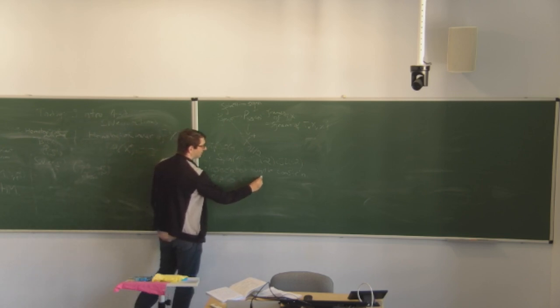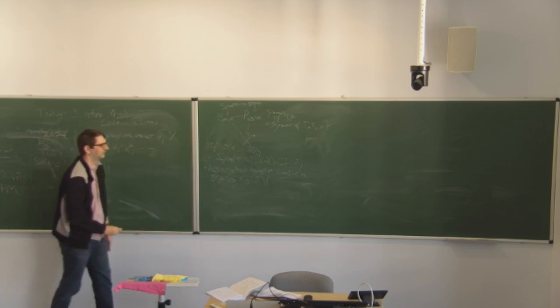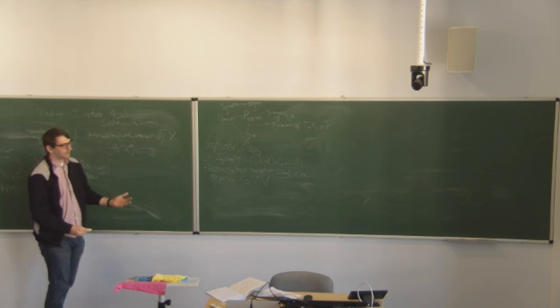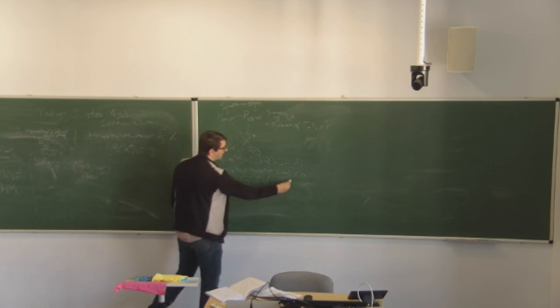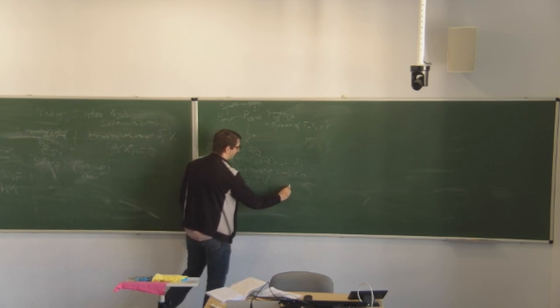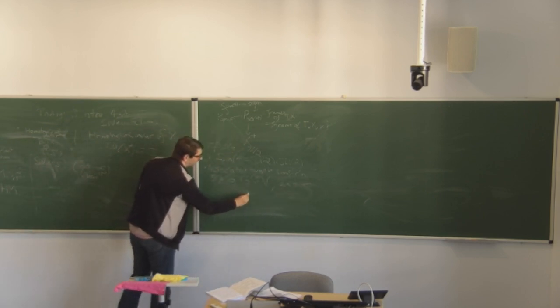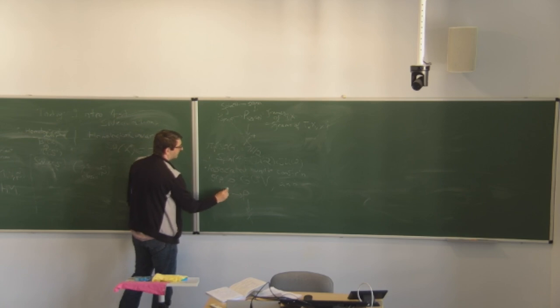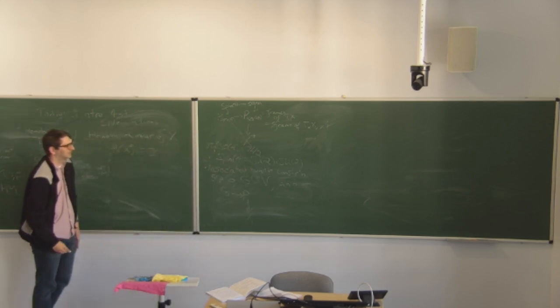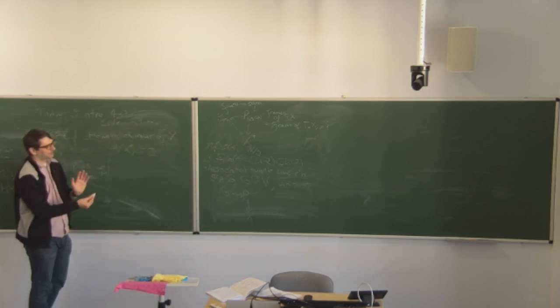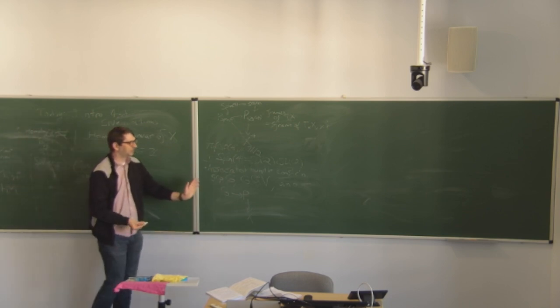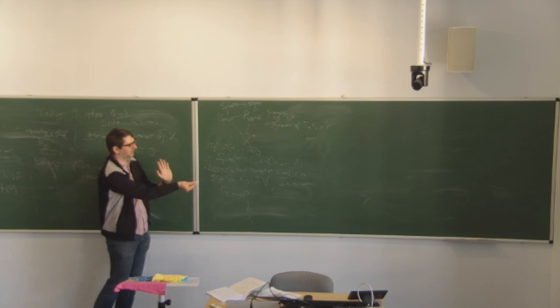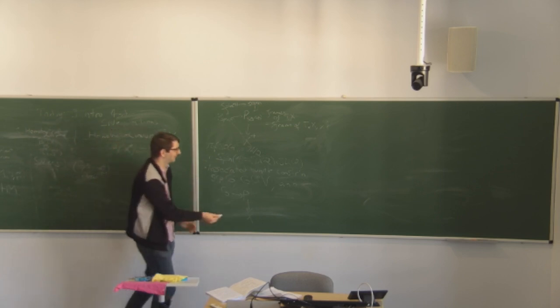You have a representation of G acting on a vector space V. And let's say you also have a principal bundle, meaning just a fiber bundle with fiber G. But you can somehow use the information of that principal bundle together with the representation to turn it into a vector bundle.